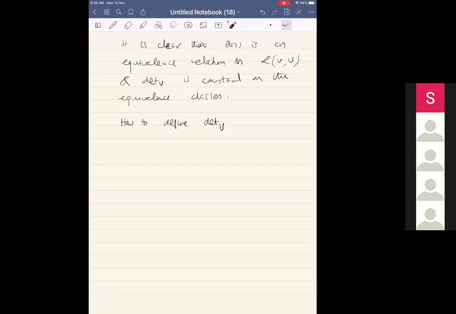I'm going to do this first in the abstract. First, the abstract picture.